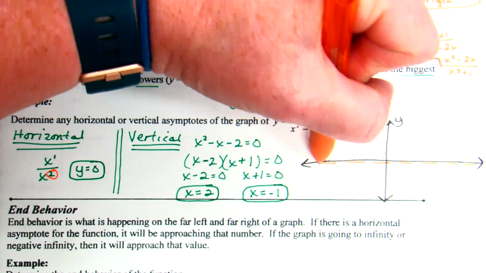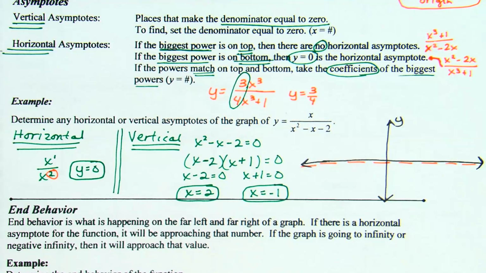Okay? We have vertical asymptotes at x equals 2 and x equals -1. So what do I need to do here? I'm going to count over to 2 and count over to -1, and I'm going to put vertical asymptotes in, which are basically little dotted lines, right?